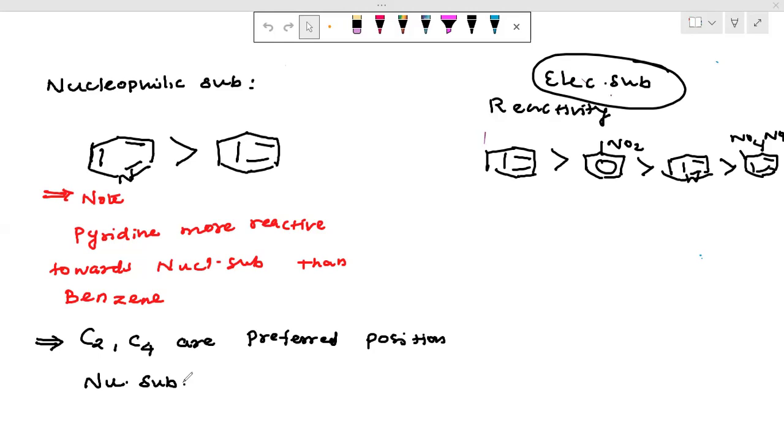Why are we referring only to C2 and C4 for nucleophilic substitution? Because the electrophilic character is created at these positions. After the attack, let's see what the structure looks like and which is more stable. Let's move on to the next one. This will be pyridine.